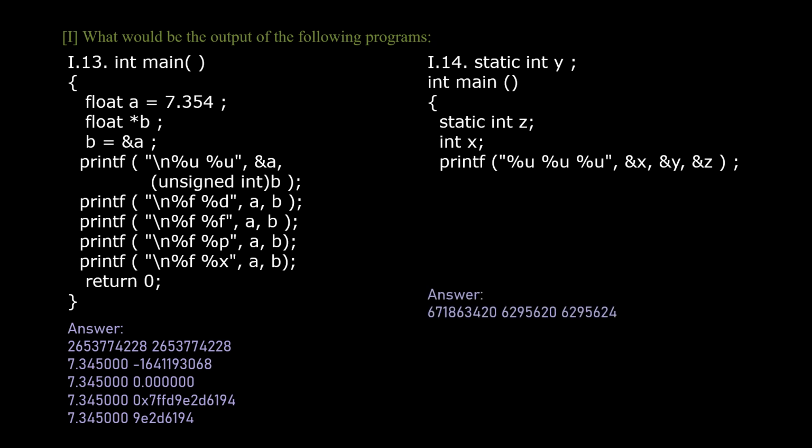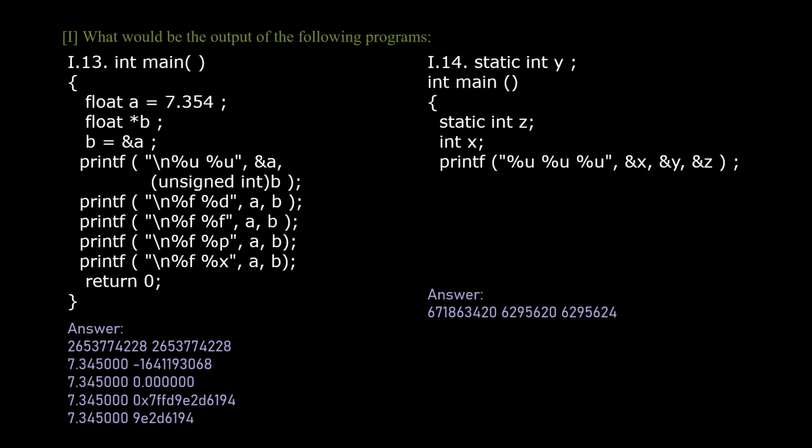So the address of x is 671863420, and the next ones are like 5620 and 5624. So these two have consecutive addresses because those two are in the same segment in memory, whereas the local variable will be in a different segment. That is why these two have addresses next to each other, whereas x has an address starting from a different range.